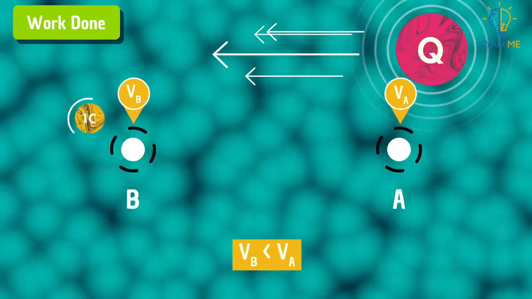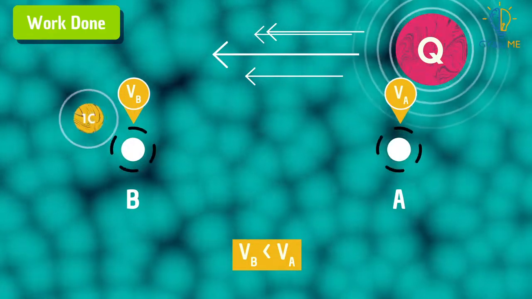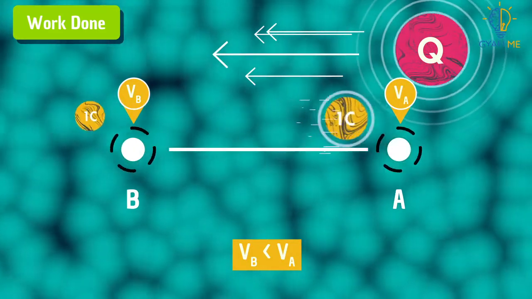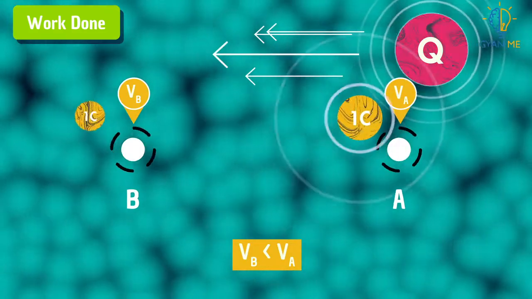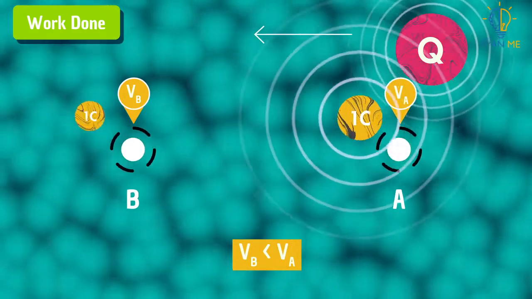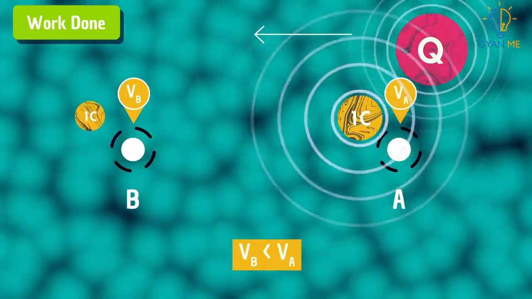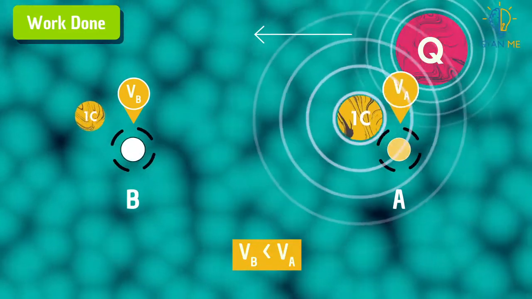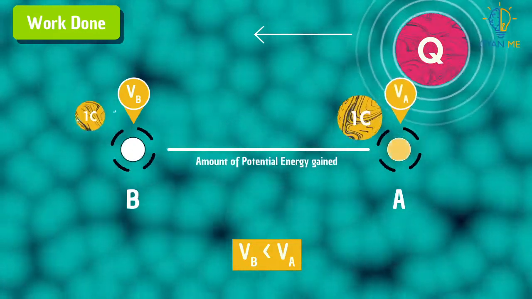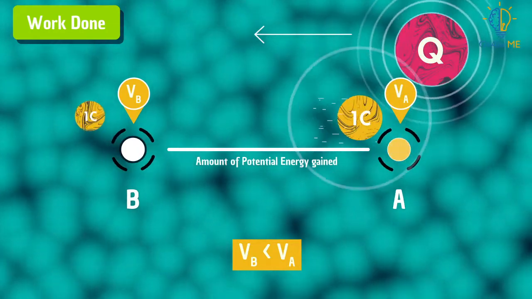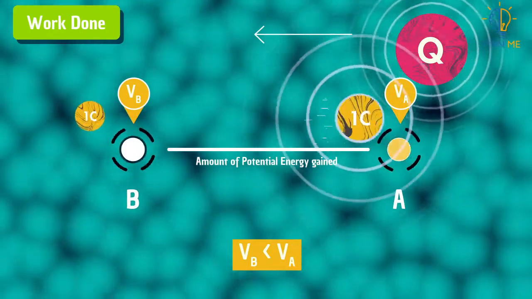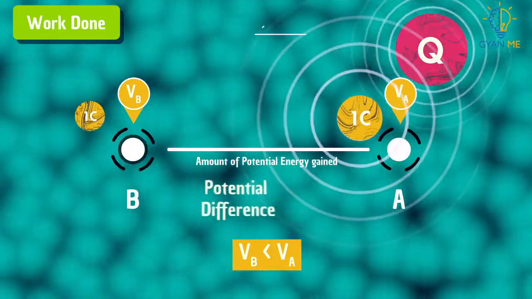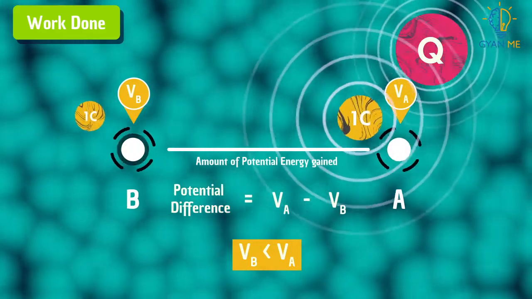If work is done on unit charge, energy gets transferred to the charge and it will start moving from point B to point A. Hence, at point A, the unit positive charge gains more electric potential energy. The electric potential of the unit charge at point A is VA. The amount of electric potential energy gained by unit positive charge on moving from point B to point A is called as potential difference. Therefore, the potential difference between 2 points is VA minus VB.